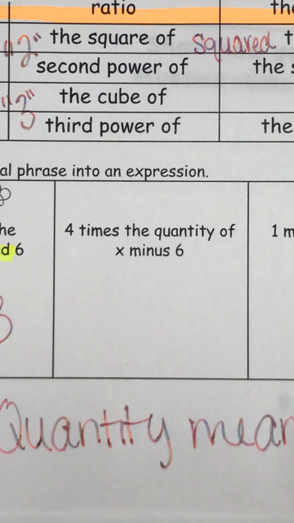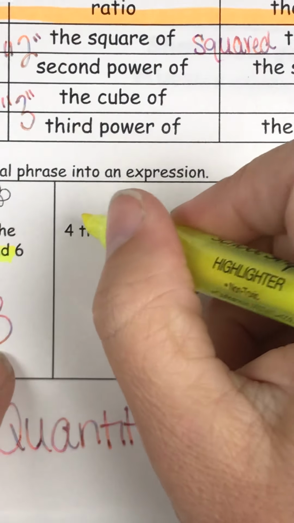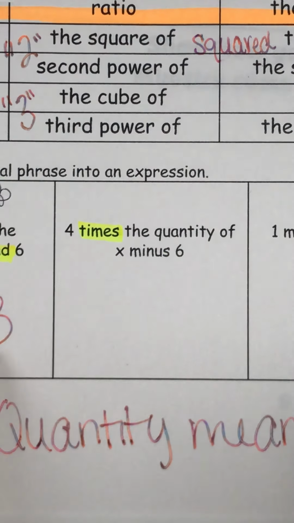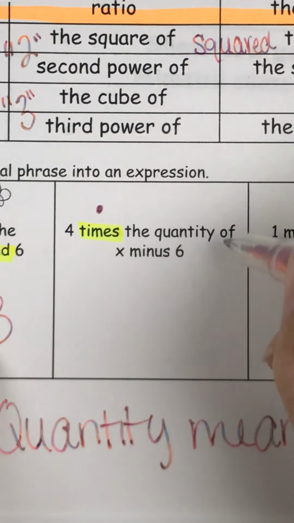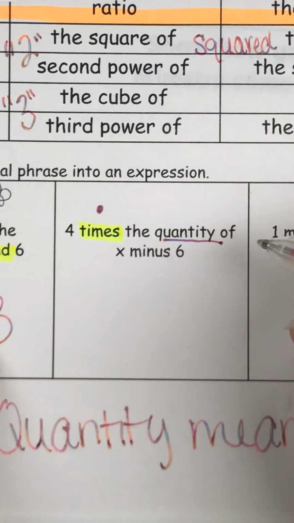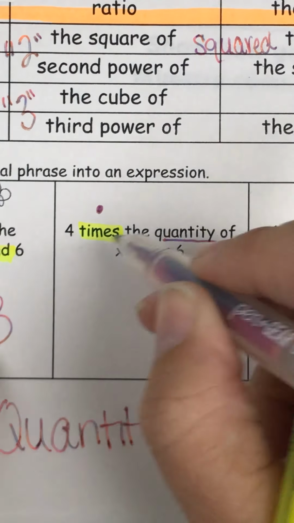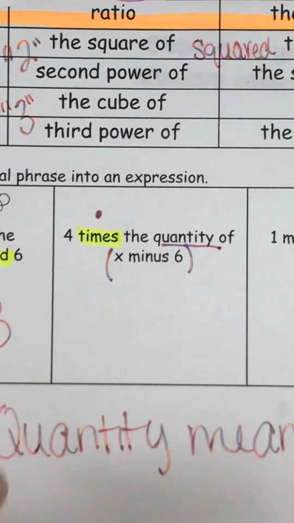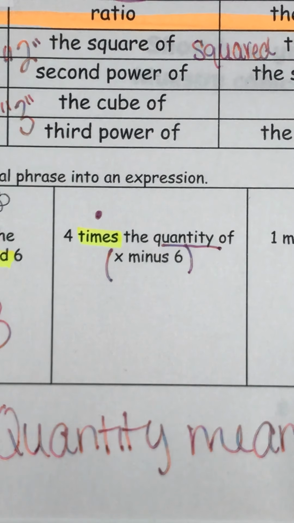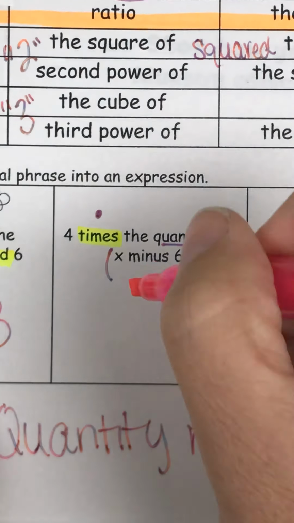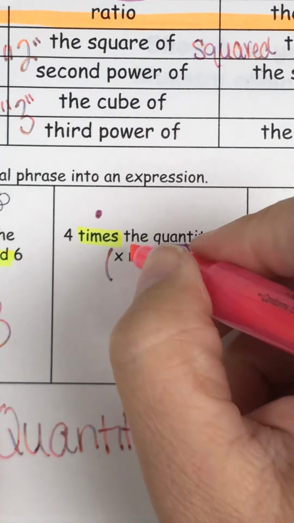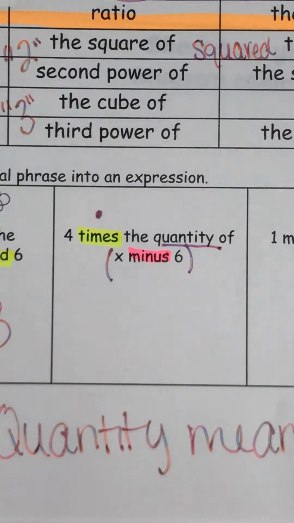So 4 times means to multiply, so I'm going to highlight it yellow. 4 times, and it says the quantity, so that's cluing you in that you have to use parentheses. And it tells you what the quantity is: the quantity of x minus 6. Now minus means to subtract, and minus above, I used pink, so I'm going to highlight it pink just to keep it color coordinated.